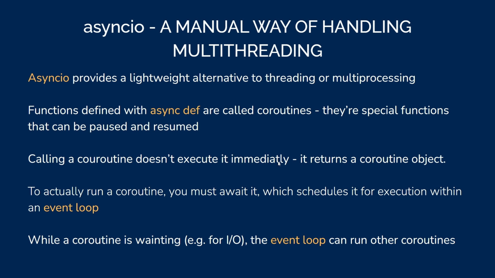As said, this is a method which is actually called a coroutine, or let's say a function called a coroutine. So these are functions that can be paused and resumed.